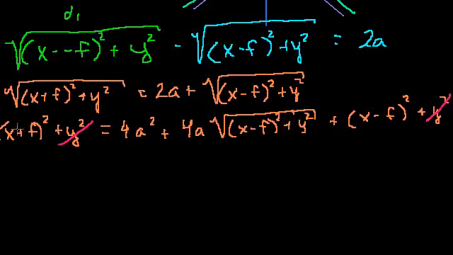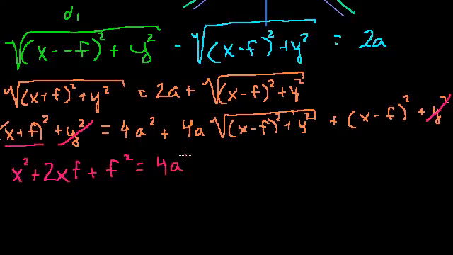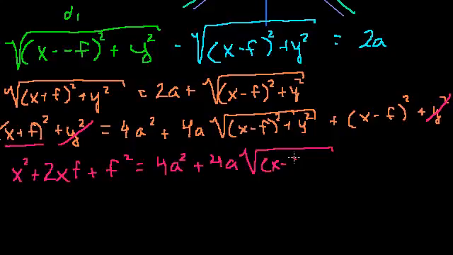And let's multiply this term out. So this right here is x² + 2xf + f². And then that is equal to 4a² + 4a times the square root of (x − f)² + y².